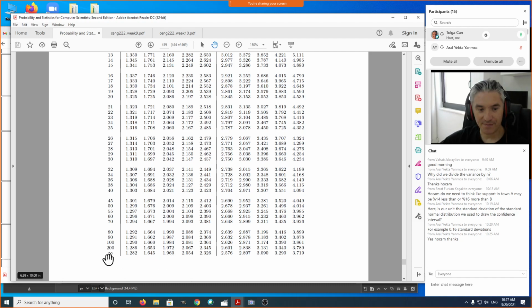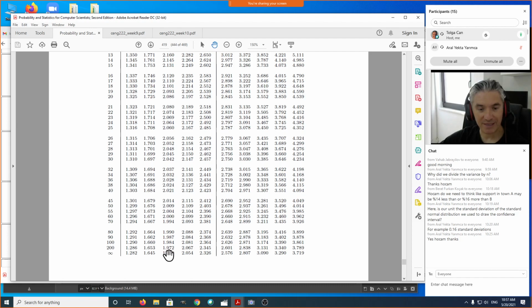When degrees of freedom is infinity, for infinite degrees of freedom, the t distribution becomes the normal distribution. So as the sample size gets larger, the t distribution becomes the same as the standard normal distribution. So this 1.96 is what we have when we have a very large sample.